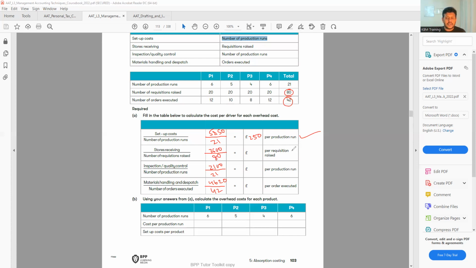Can you do the next one? Per requisition raised, how much is the per requisition rate? And for all.